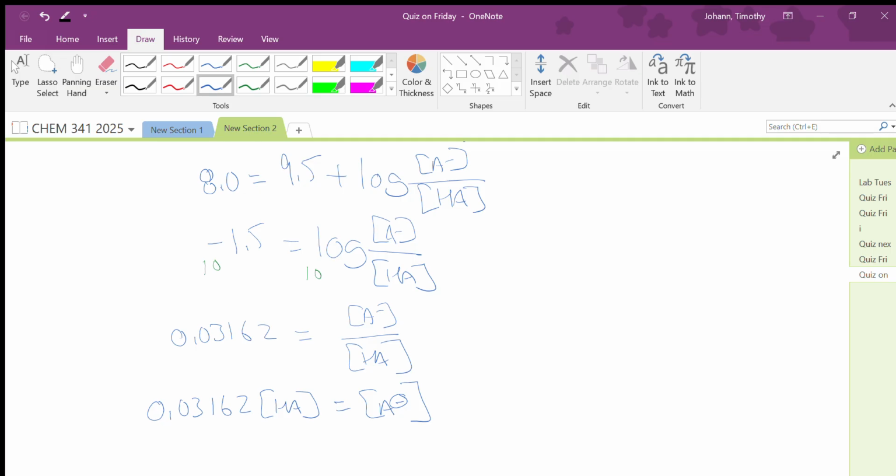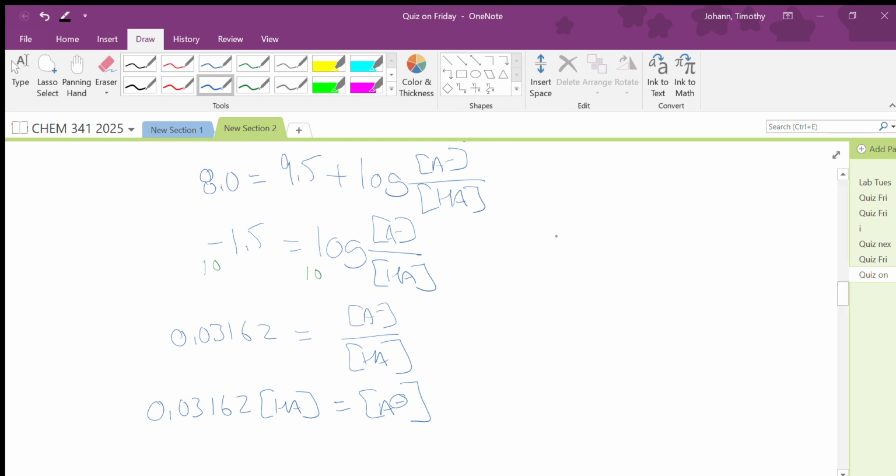So what I need to do is make up another equation. So what's reasonable? What do I know about if I have HA and I have A minus? This is a percent problem, right? What's the percent abundance of each? If I take HA plus A minus, what percent will I get? 100%, right?